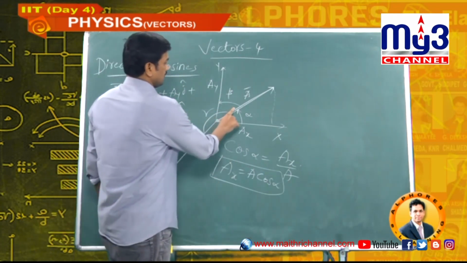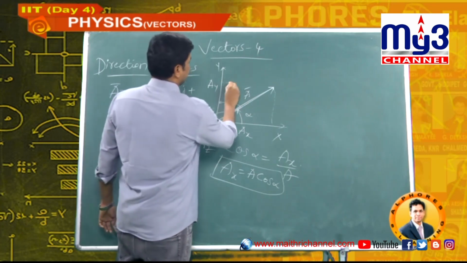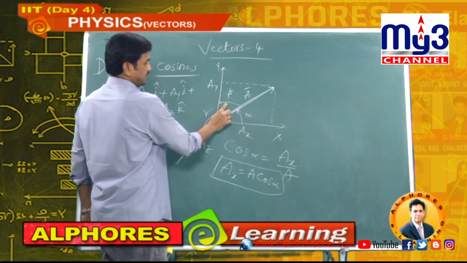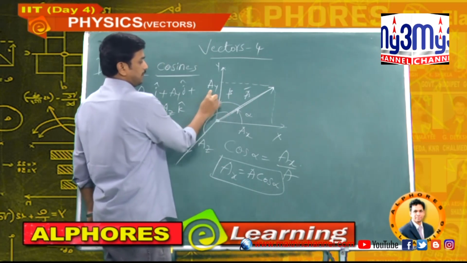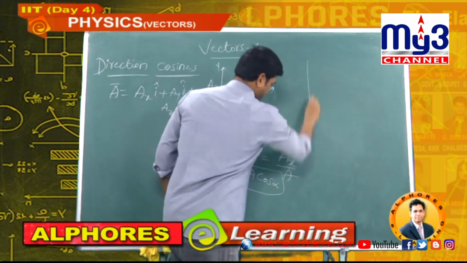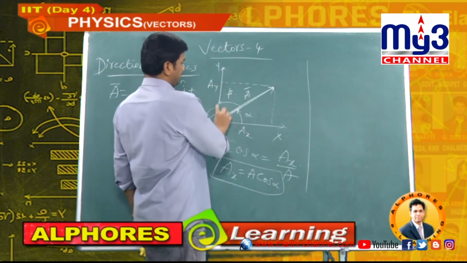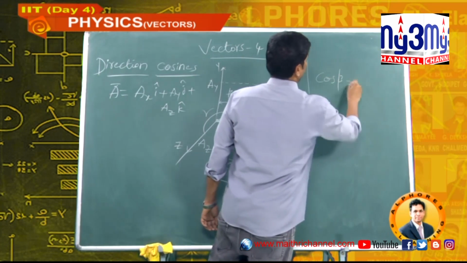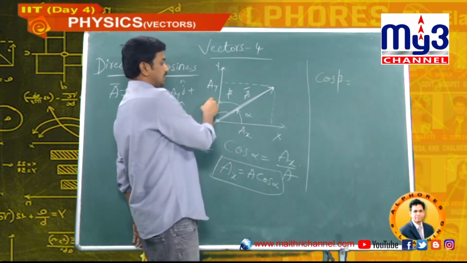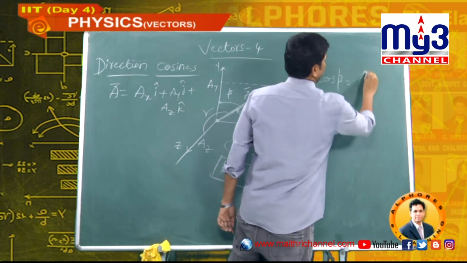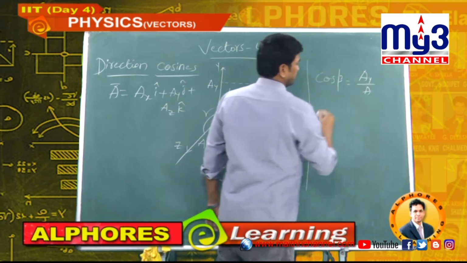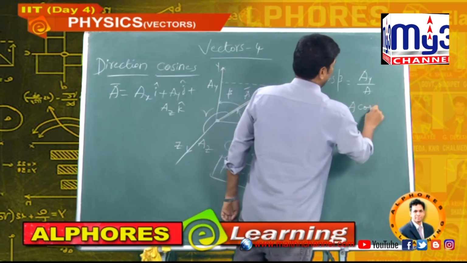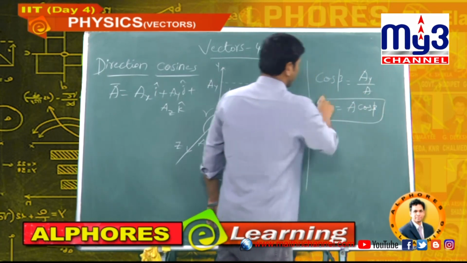Similarly, here is the same thing, a right angle triangle again, this right angle triangle. Cos beta is equal to adjacent side by hypotenuse, ay by a. So ay is equal to a cos beta.